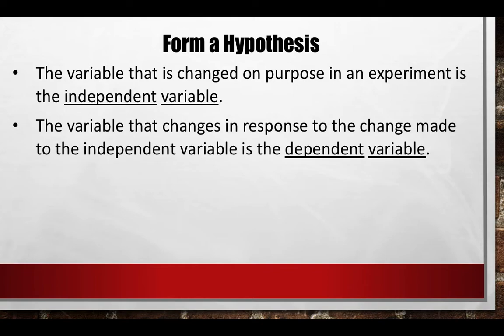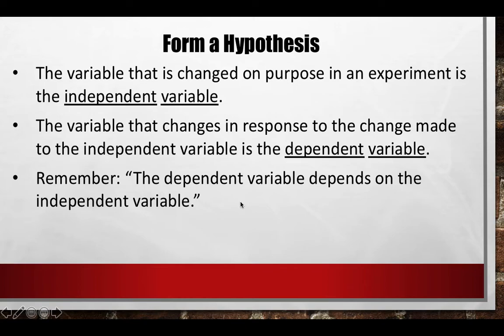So what we can do here is we can take a look at the independent variable. We make a change, and then that change causes something else to change. And that other thing that is caused to change is the dependent variable.